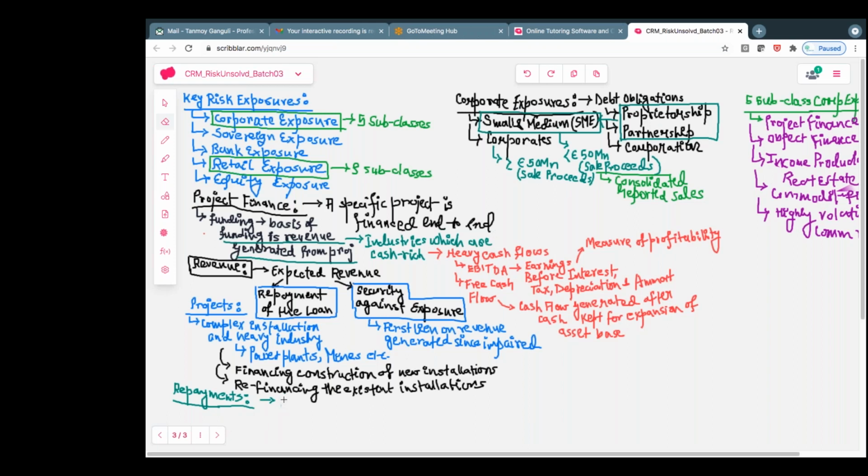So these payments are done mostly or solely. Okay.